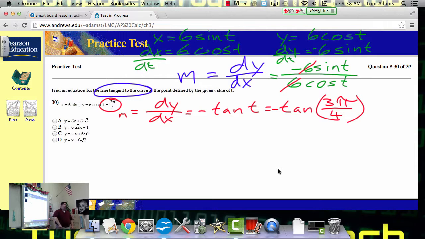Now, who can tell me off the top of their head what that is? 3 pi over 4 is a 45-degree angle, another 45-degree angle, that's 90, and then another 45-degree angle. So I have a 45-45 triangle with sides 1, 1, and the square root of 2. Tangent is opposite over adjacent.